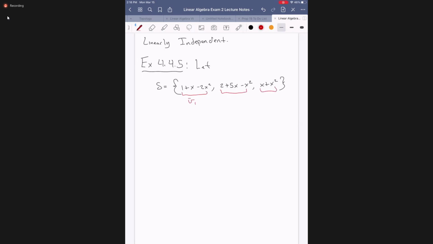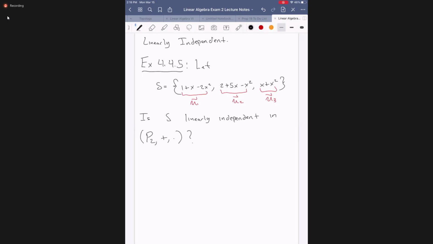You can consider this one to be u1, this one u2, and u3. They're vectors in the vector space of polynomials. So now the question: is S linearly independent in the vector space P2 with your standard operations of adding functions and all that stuff?